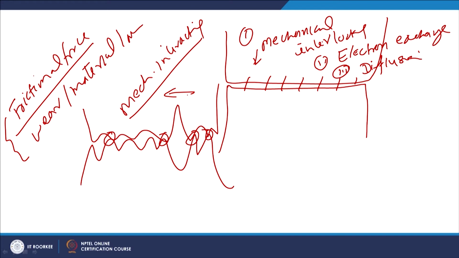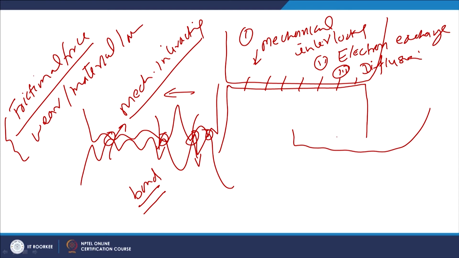So, the frictional forces will be high when there is greater mechanical interlocking. Similarly, the electron exchange is another mechanism. Whenever two surfaces come in contact with each other, the free electrons move from one side to another and form the bond between the two components. So, if one side has a metallic matrix and the other side has non-metallic constituents, then this kind of transfer is not that much facilitated.